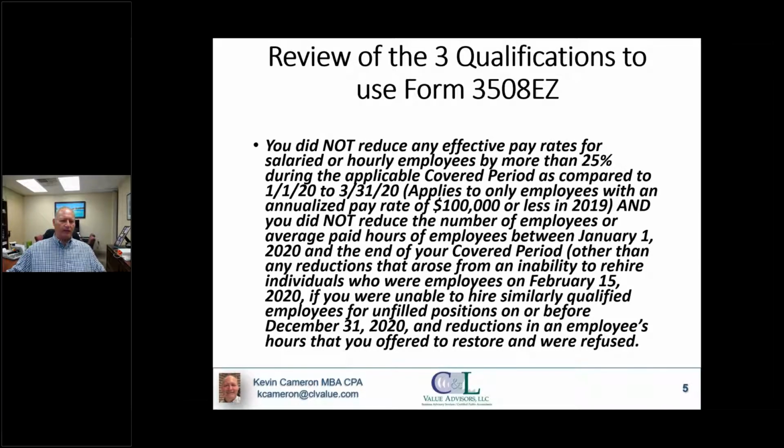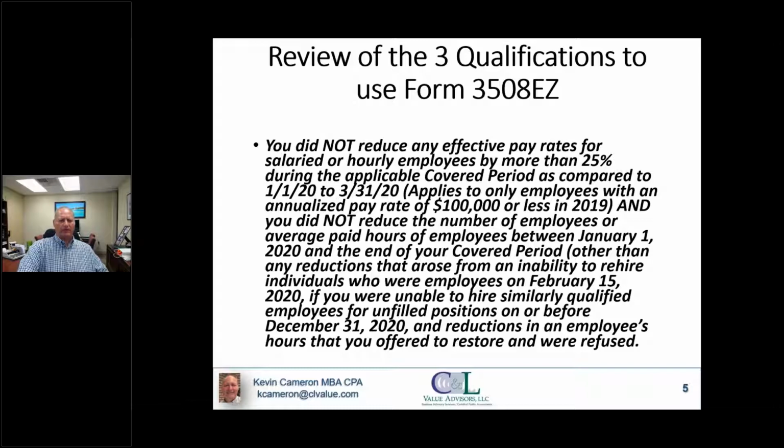And then in this first qualification here, you'll see that it says and you did not also reduce the number of employees or average paid hours of your employees between January 1st, 2020 and the end of your covered period. It's a little confusing because they don't really say exactly what your starting date and what your ending date.